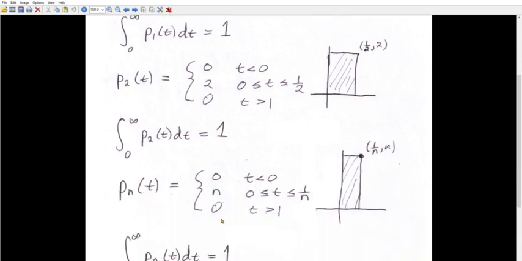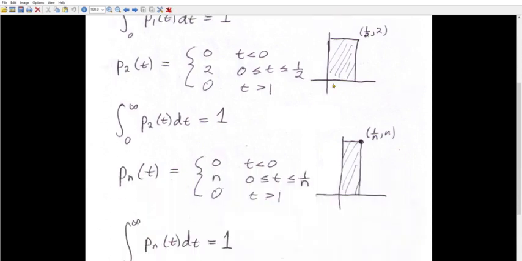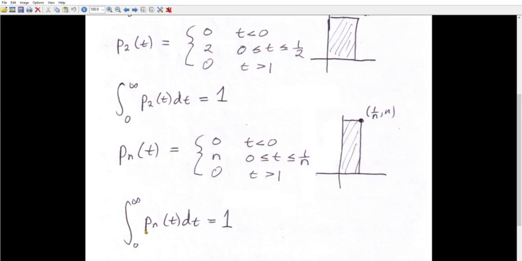Okay, now Pn of t is a similar idea. This pulse has height n, but is only non-zero between 0 and 1 over n. So again, the area under the curve here is 1. And when we integrate Pn of t dt between 0 and infinity, we get 1.